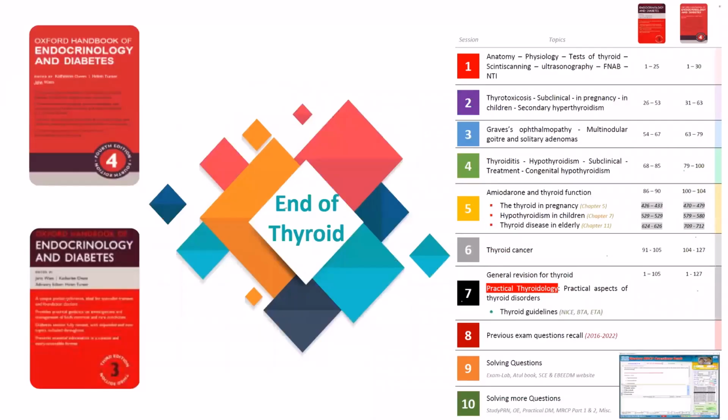And actually, this is the end of the thyroid chapter in the Oxford Handbook, both 3rd and 4th edition. We still have some important topics to discuss, inshallah. We have to discuss the thyroid guidelines.